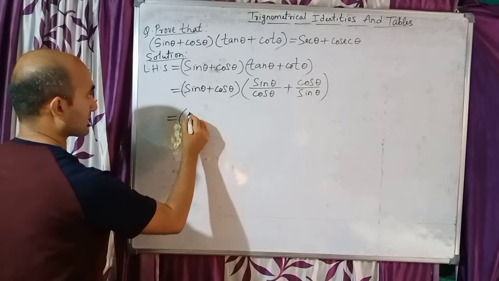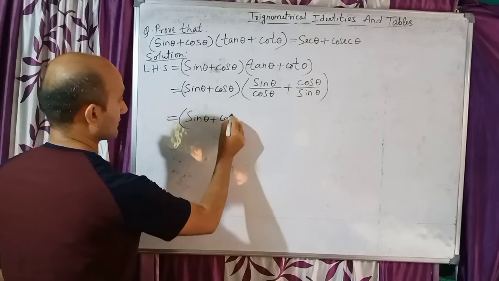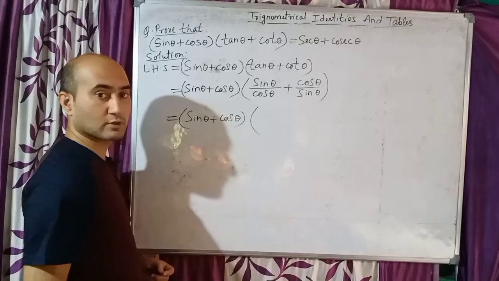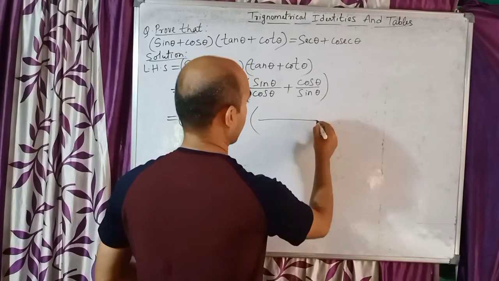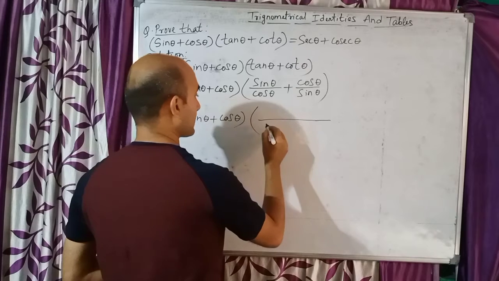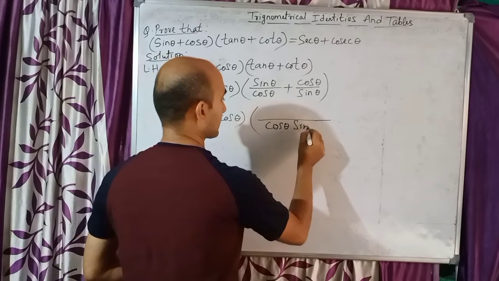Now write the first one same, sin theta plus cos theta, and here you do LCM to add it, because fractional numbers we can add by doing LCM. My LCM will be cos theta sin theta.